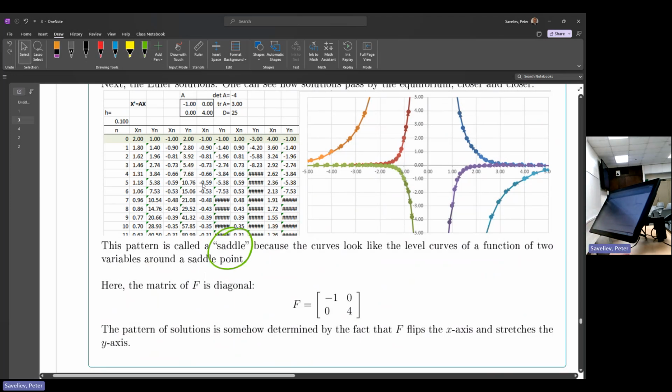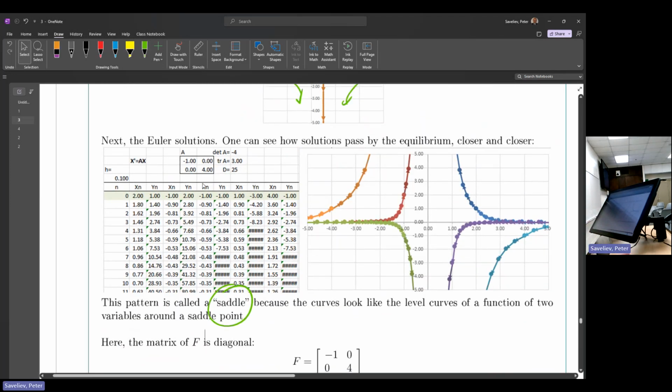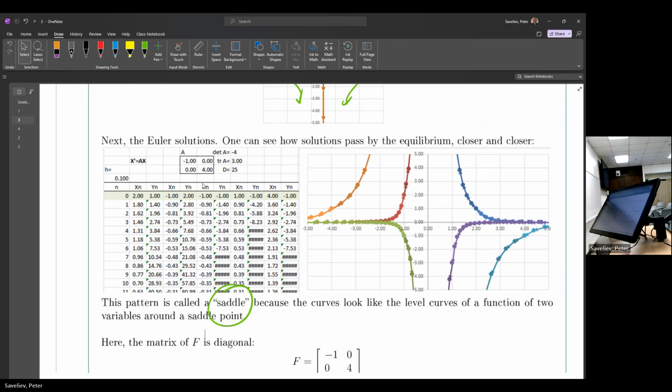A saddle point. Remember why it's called a saddle point? The flows that we have seen are frequently based on a view from above, but the flow might be on a surface.